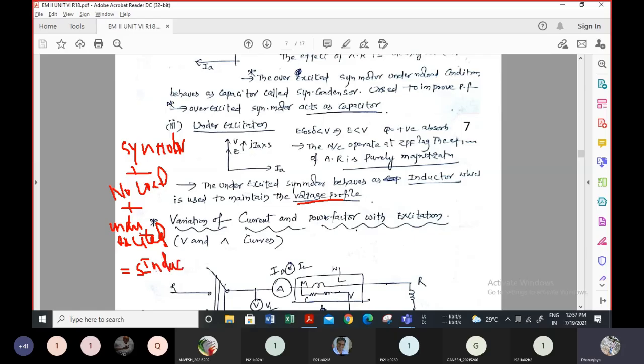It is operating like an inductor. The property of the synchronous machine will be similar to an inductor. So whenever we require inductive action in the system, the synchronous motor will be operated under no load condition, maintained with under excitation, so that we can get the inductor character. That is similar to the Ferranti effect.